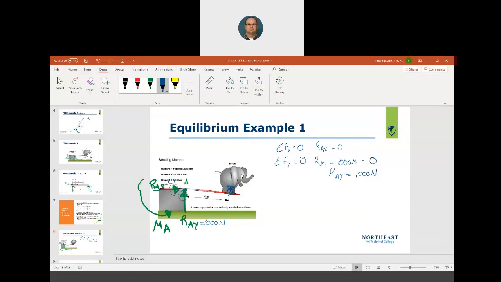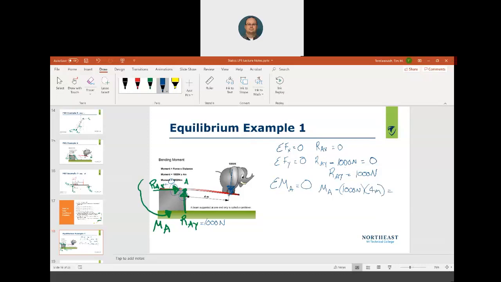Okay. Now, third equation, sum of the moments about point A has to equal 0. So MA is what? It's going positive. So M, the moment at point A, okay, and then this moment created from the elephant from here to here, so it's going clockwise, so it's a negative, minus 1,000 newtons times a distance of 4 meters, right?